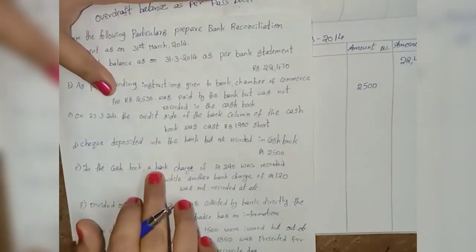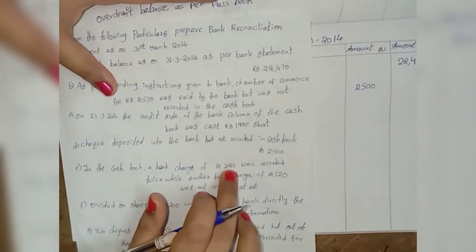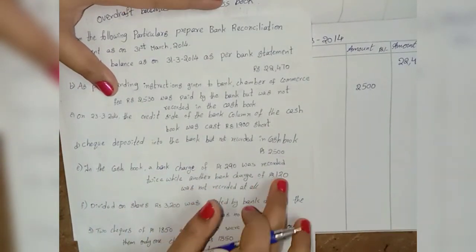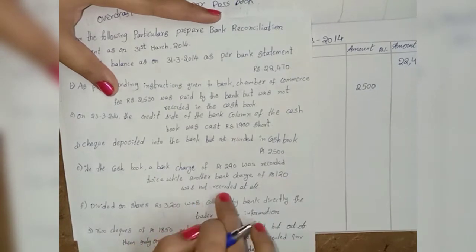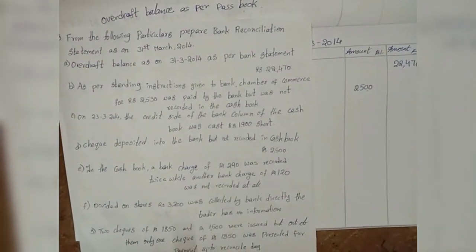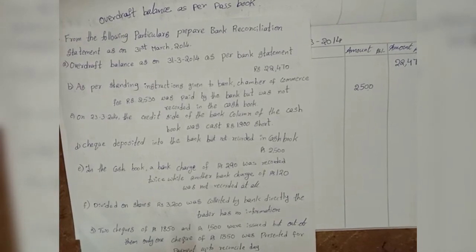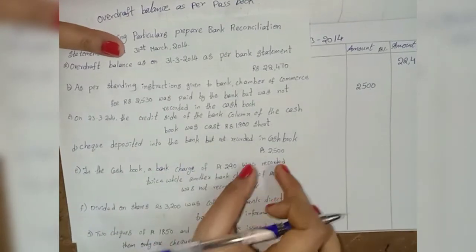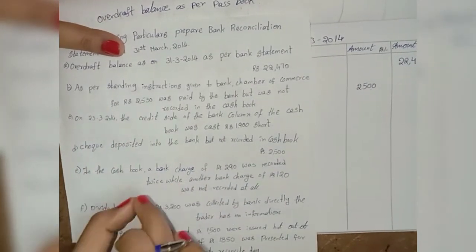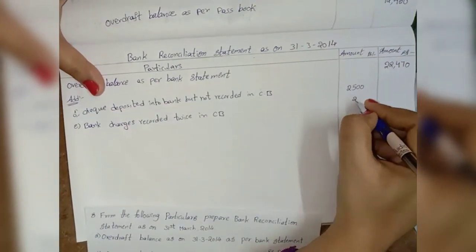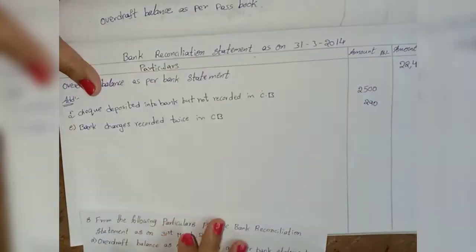In the cash book, a bank charge of 290 was recorded twice, while another bank charge of 120 was not recorded. So this 290 was on the passbook credit side. So we have to enter bank charge recorded twice in the cash book. The amount is 290.